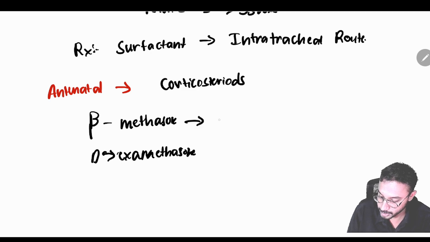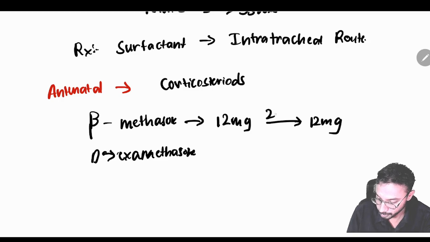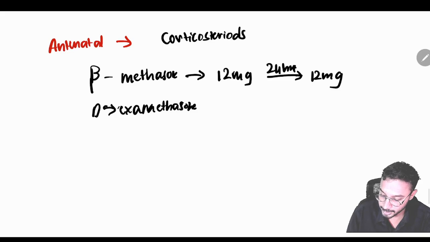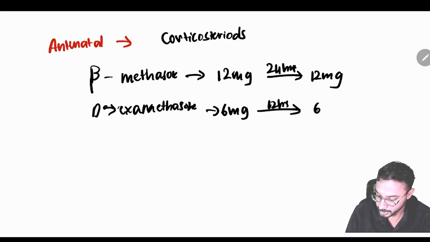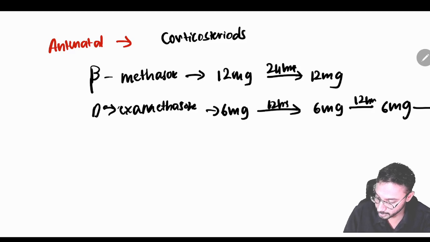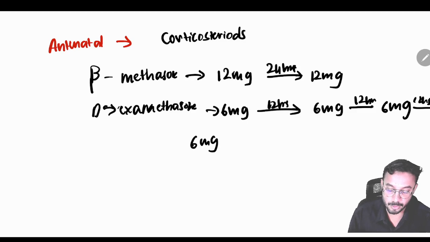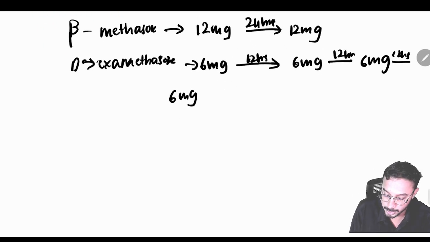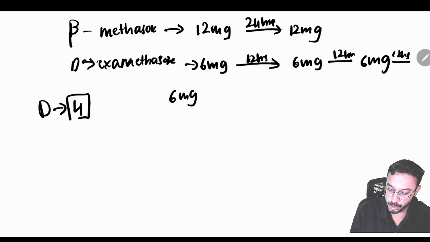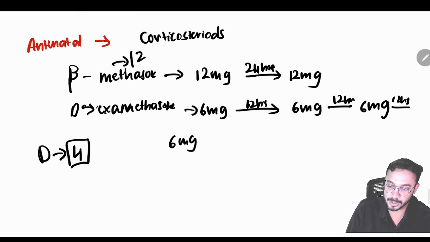So what is the dosage? Betamethasone is 12 mg and 12 mg, two doses, 24 hours apart. And for dexamethasone, 6 mg, gap 12 hours, 6 mg, gap 12 hours, 6 mg, gap 12 hours, 6 mg. Okay, so total 4 doses. Here total 4 doses. So D, A, B, C, D: 4 doses. Betamethasone you are going to give 2 doses. B, A, B, second letter. So remember it like this.